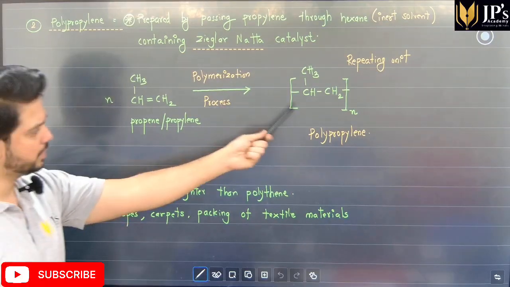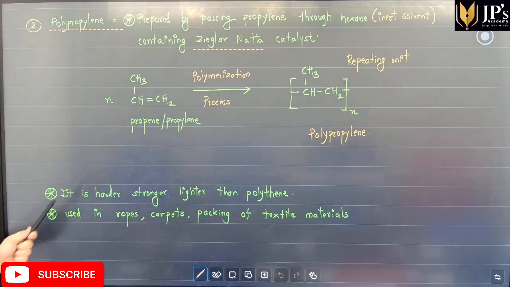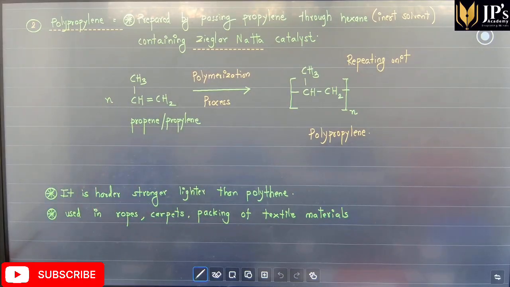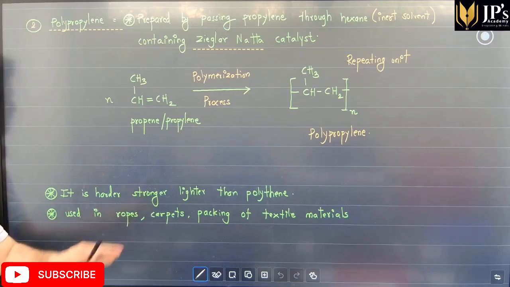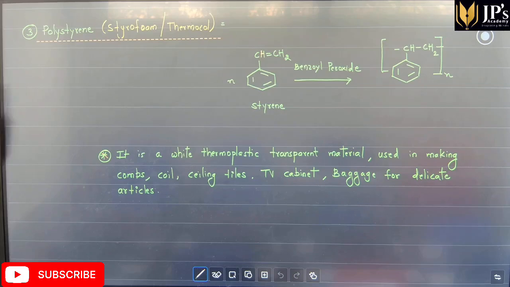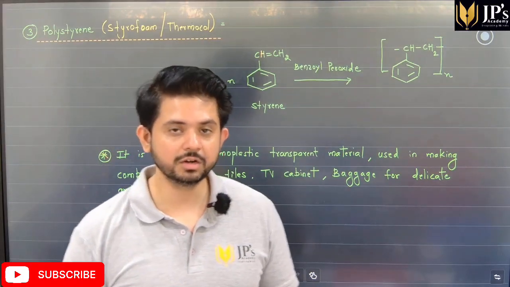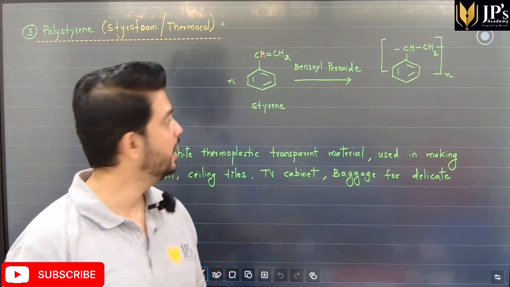That's your repeating unit. Basically, that's your polymer. It is harder, stronger, lighter than polythene, and it is used in ropes, carpets, packing of textile materials, and so forth.